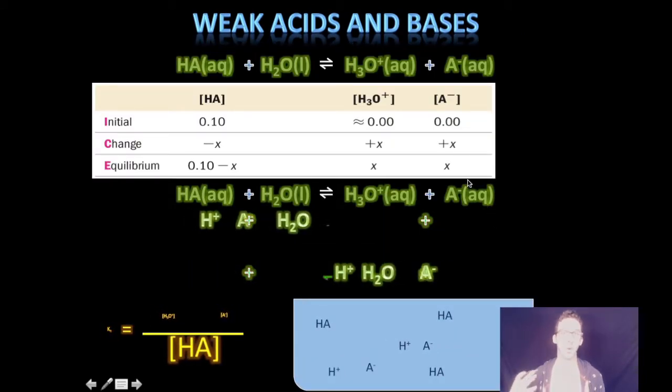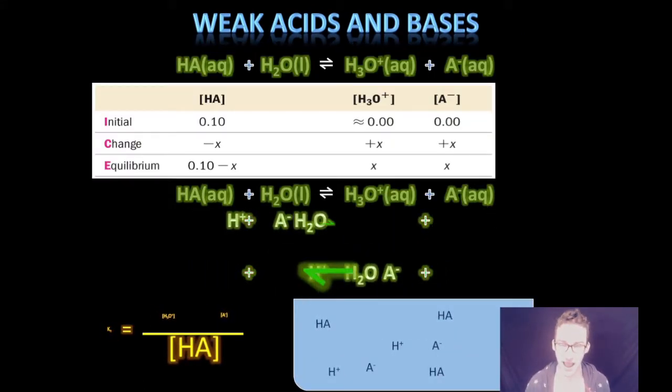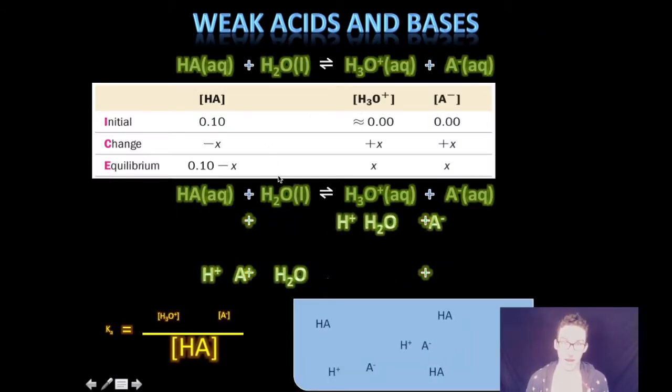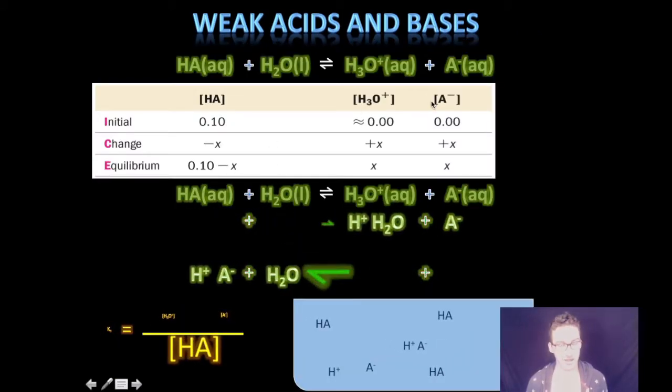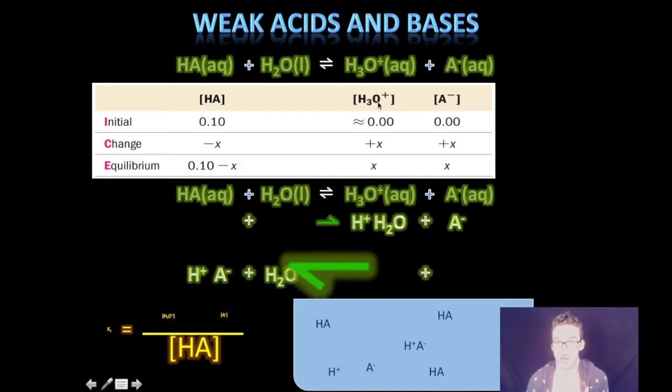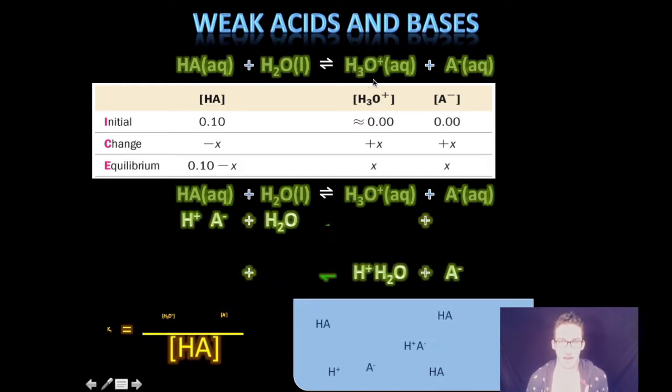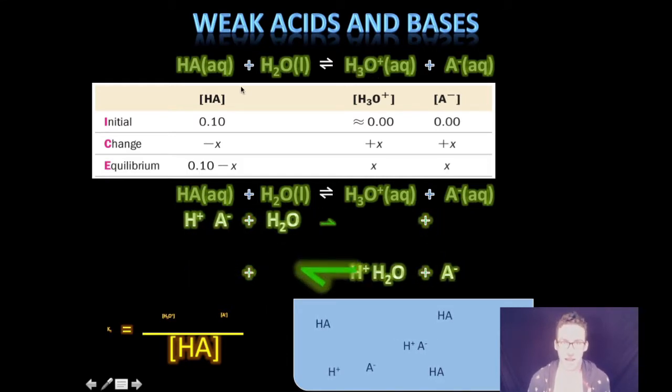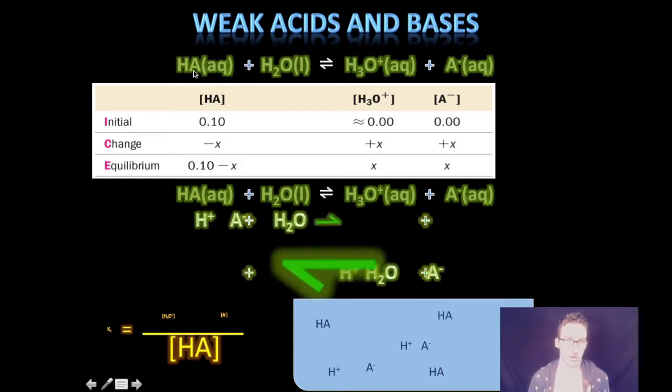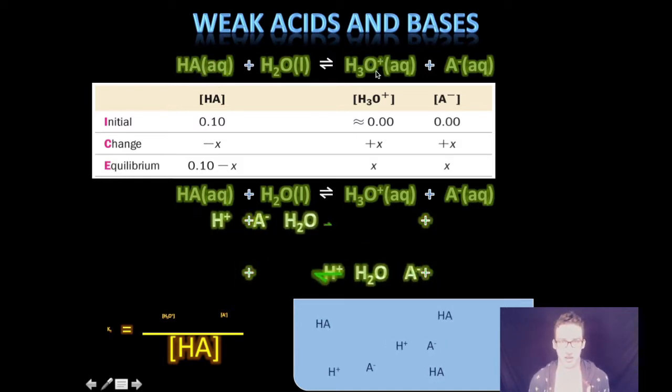And here's where we get to the wonderful world of ice tables coming back. When we're talking about weak acids or weak bases, you're going to have to use an ice table to figure out what this concentration is going to be, because we're not going to have ionized this acid molecule completely, so we can't just use the stoichiometry.